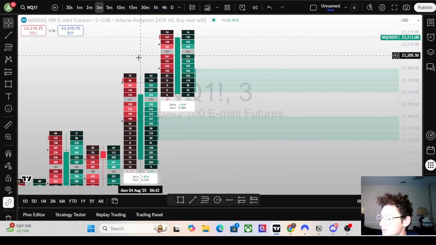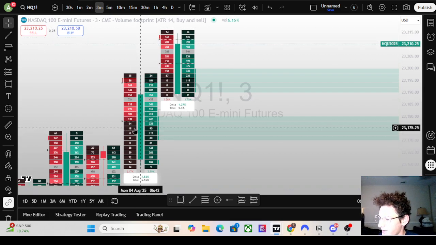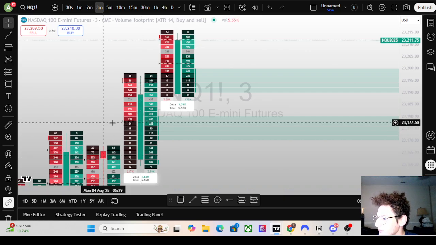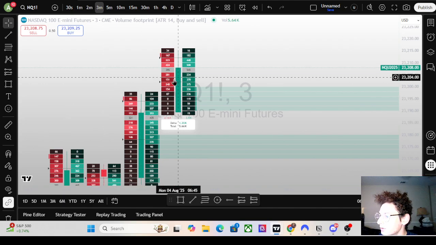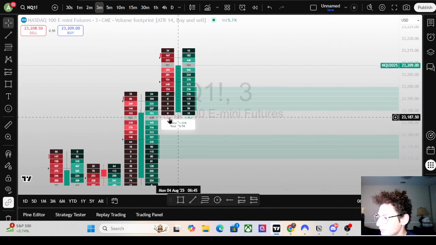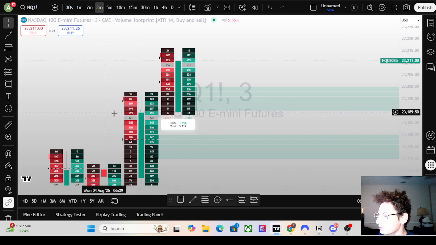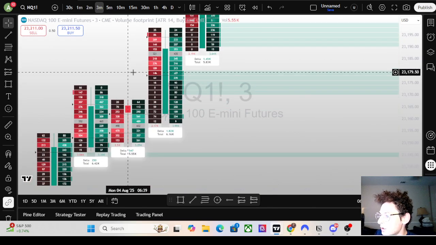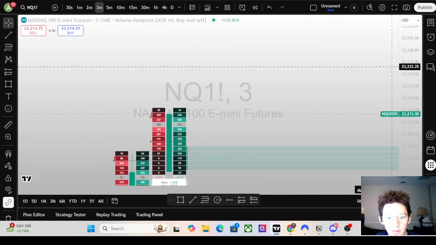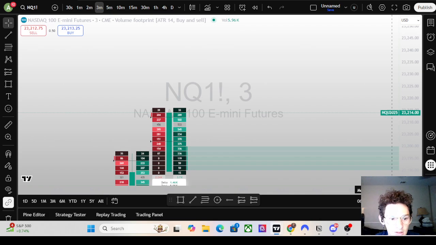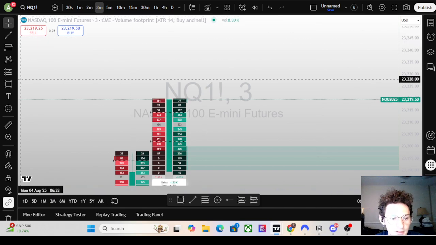Basically, I saw that we had no orders here, like I mentioned, very low volume orders on the sell side. The opening candle had very low orders also. So it's safe to say targeting that makes the most sense.